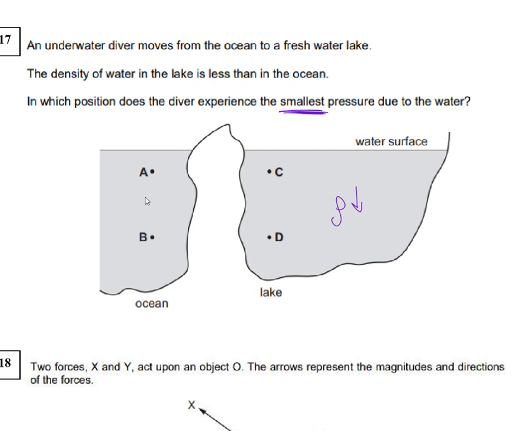If the diver is here, the density is bigger in the ocean water, so there'll be more pressure on the diver. Here the density is less. Remember the equation, pressure is equal to rho g h. The density is less, but it's still deeper, so we still get some pressure. So here it's going to have to be C, because it's less dense, so the pressure will be less. If the height is less, then the pressure will be even less, so it has to be this one by logical reasoning.